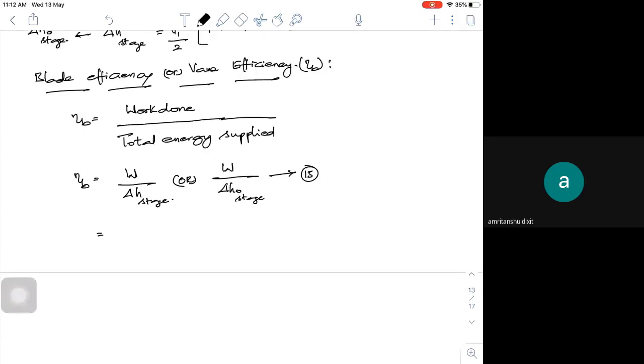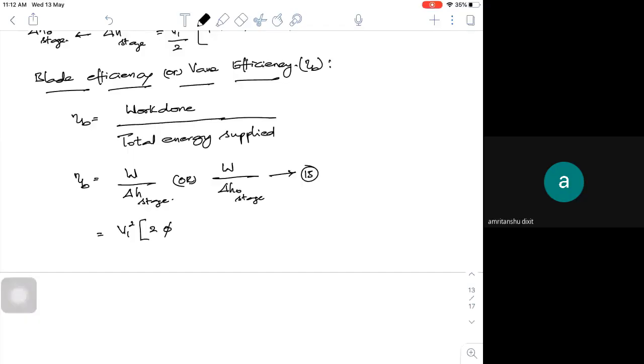So what is the work done expression we have? It is V1 square into 2 phi cos alpha 1 minus phi square, divided by V1 square by 2 into 1 plus 2 phi cos alpha 1 minus phi square.